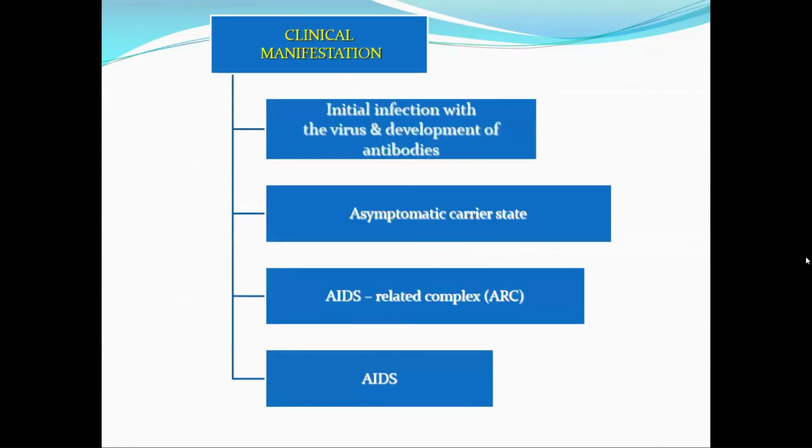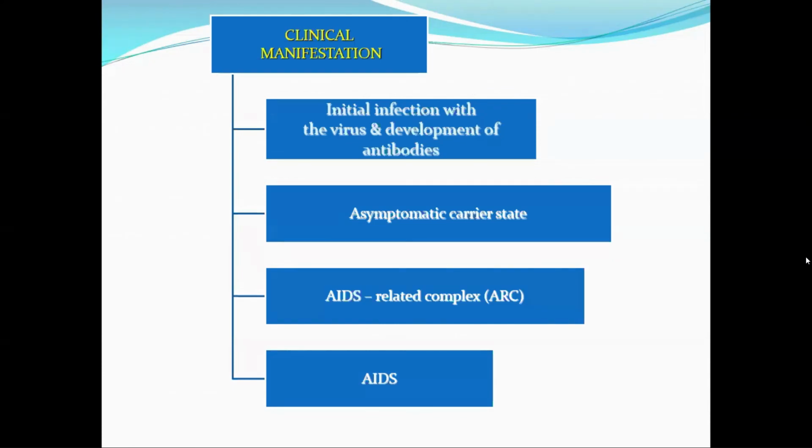Okay, clinical manifestation. First, initial infection with the virus and development of antibodies. So initial infection consists of the window period as well as, thereafter, development of antibodies, that is the seropositive or HIV positive after blood test.